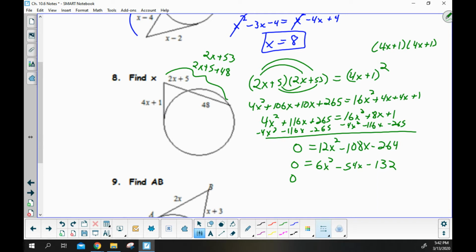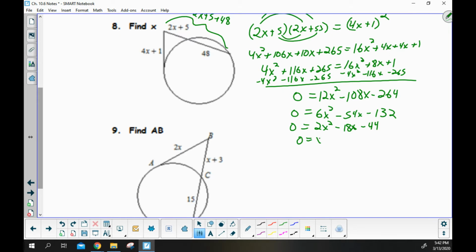Then I'm going to divide everything by 3. So that's going to give me 2x squared minus 18x minus 44. And look, I got all even numbers, so it is divisible by 2. So 0 equals x squared minus 9x minus 22.